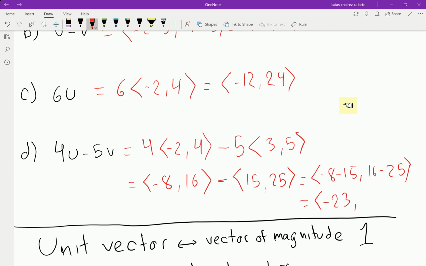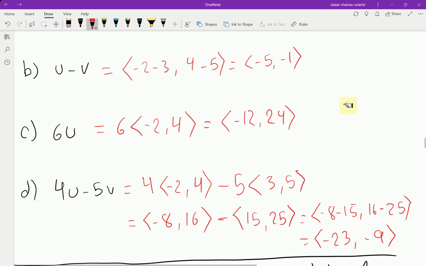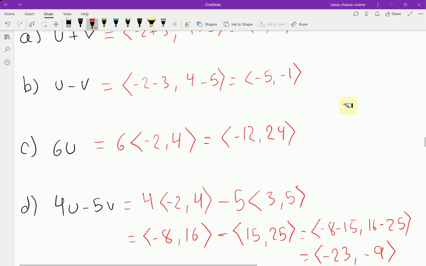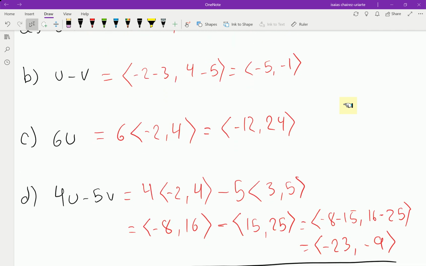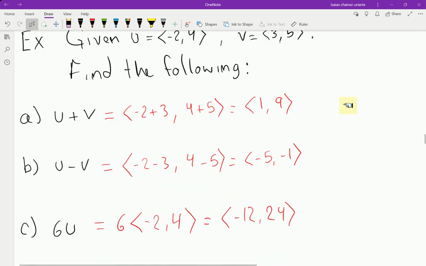Negative 23 and 16 minus 25. I hope that you agree with these answers and are comfortable with how to compute these types of things.